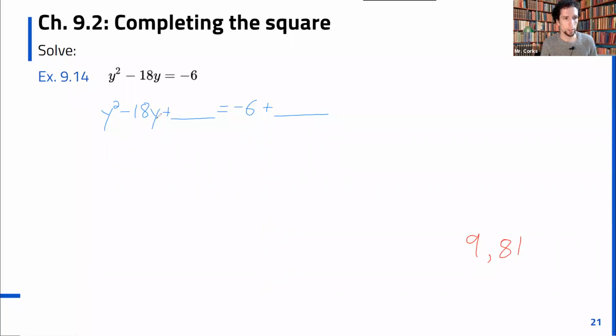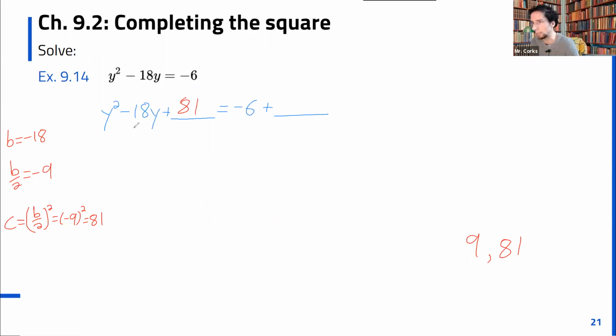Okay, so if our b value is negative 18, b over 2 is equal to negative 9. So then what should our c value be? 81. So our c is b over 2 squared, so negative 9 squared, which is 81. So 81 is the number that we write in here to complete the square.